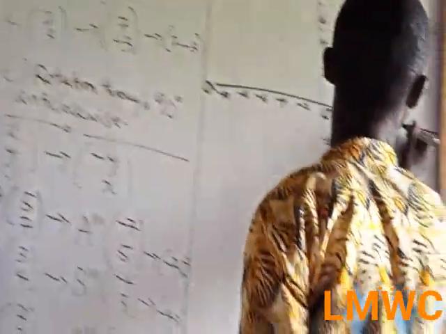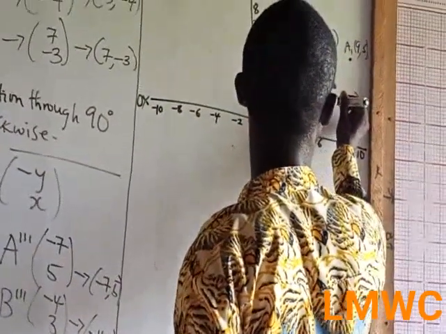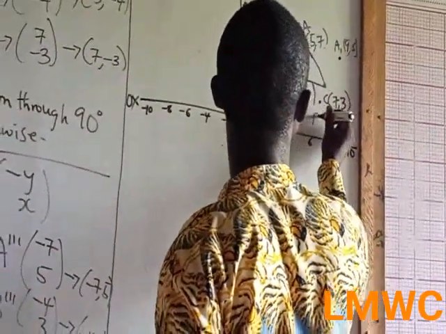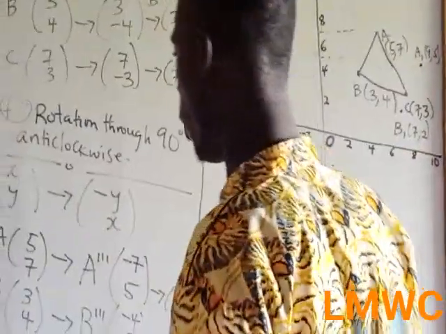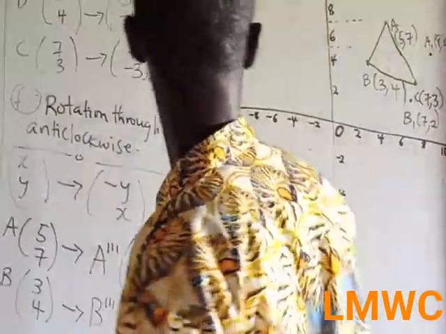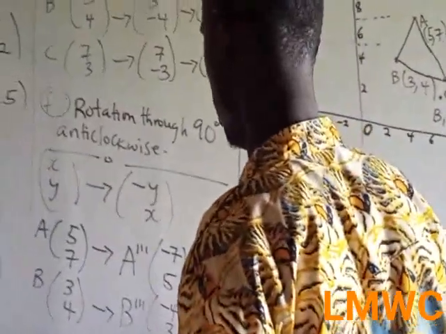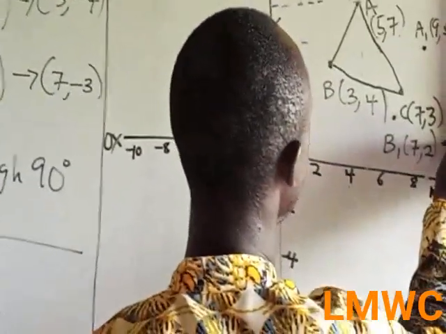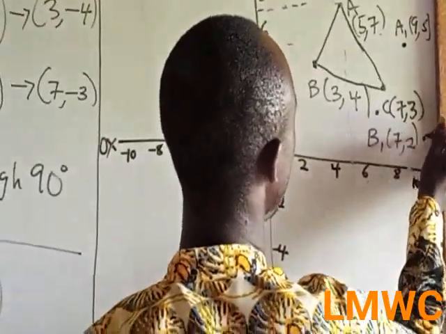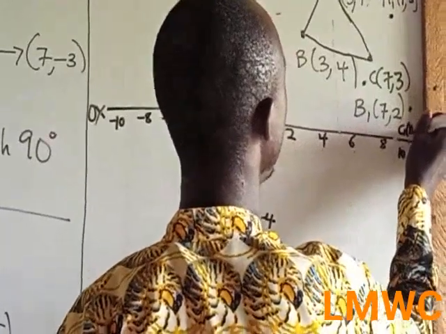B1, we have 7, 2. So this is 7 and 2. So B1 is 7, 2. C1, we have 11, 1. So C1, 11, 1.